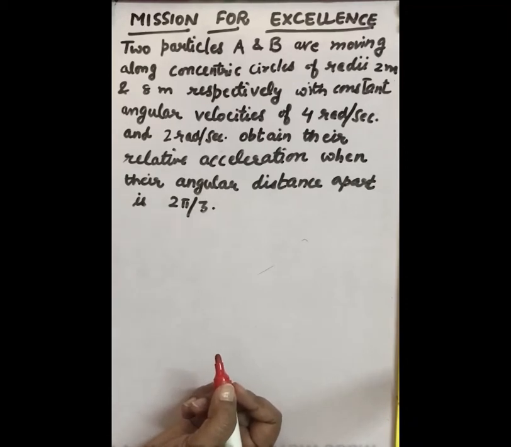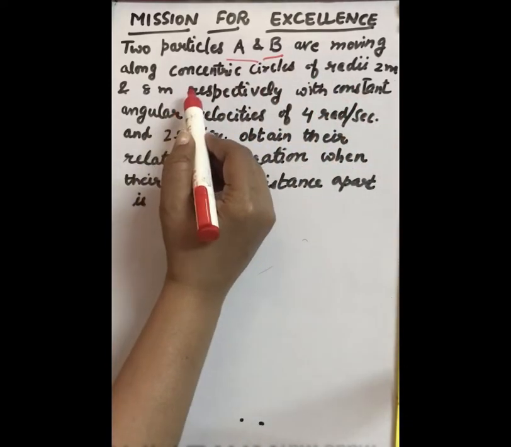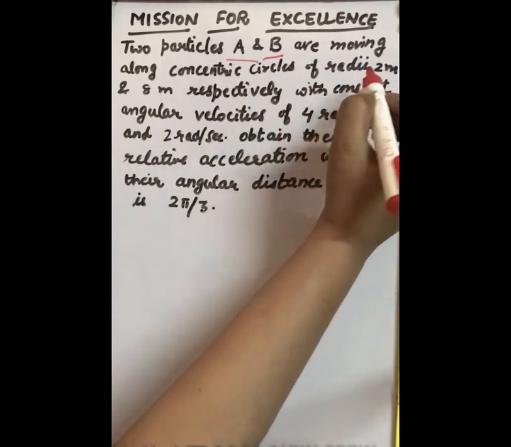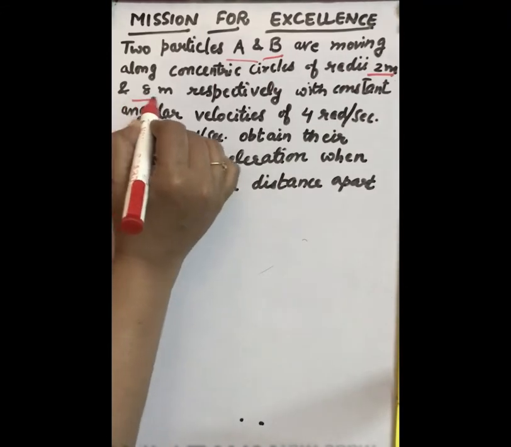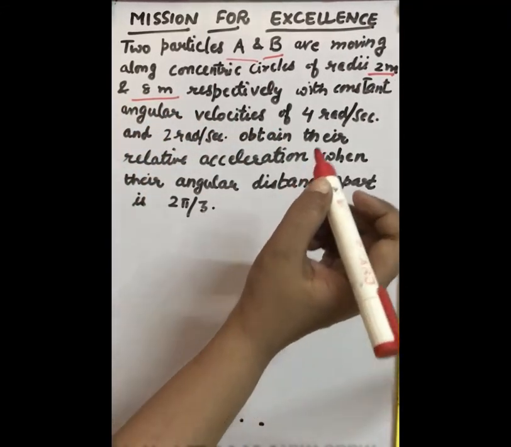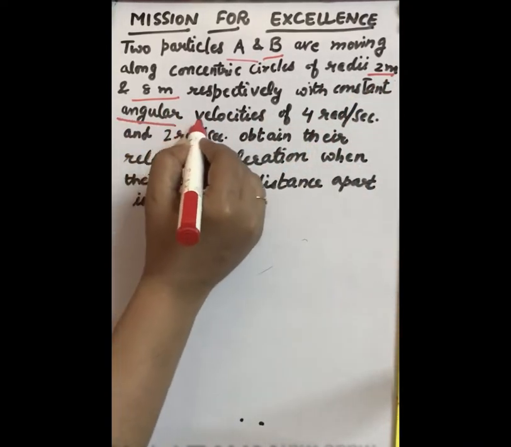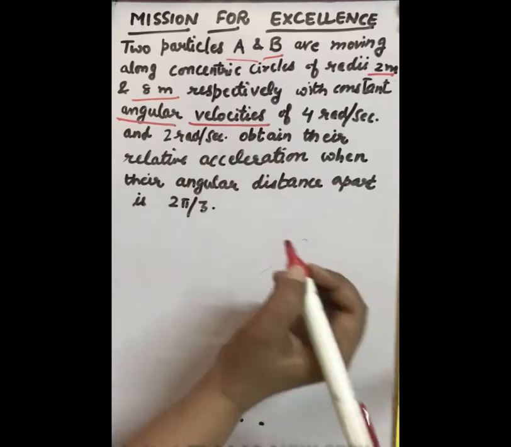So the first question is: two particles A and B are moving along concentric circles of radius 2 meter and 8 meter respectively. Means they are moving in the circle and the two radii are 2 meter and 8 meter with constant angular velocity. Angular velocity is denoted by omega.